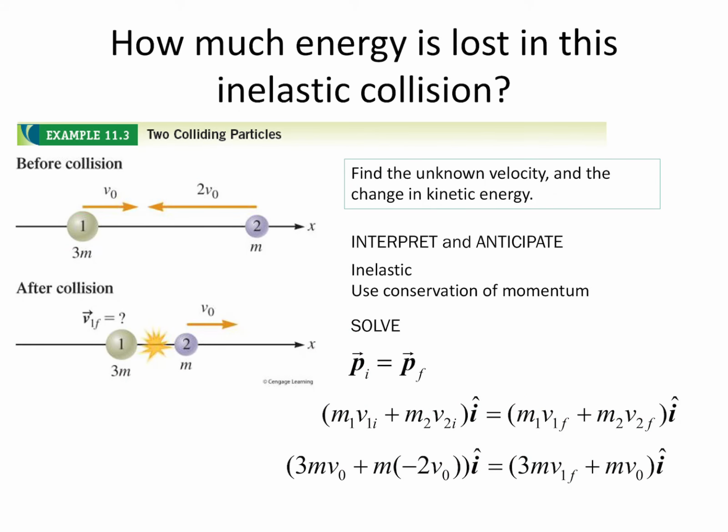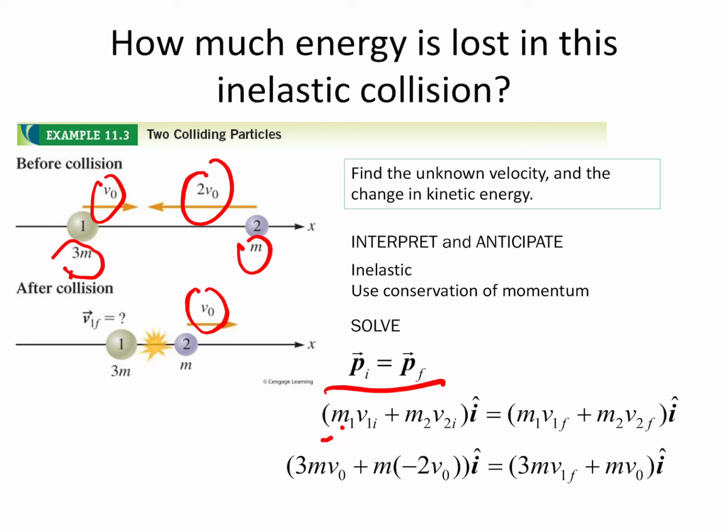Now for example, in this example, you have object 1 with mass 3m and object 2 with mass m, with initial velocities v0 and 2v0. Now we know the final velocity of object 2. What would be the final velocity of object 1? So we build the momentum conservation equation, break it down, and plug in all the numbers: m1 is 3m, v1i is v0, m2 is m, and v2i.